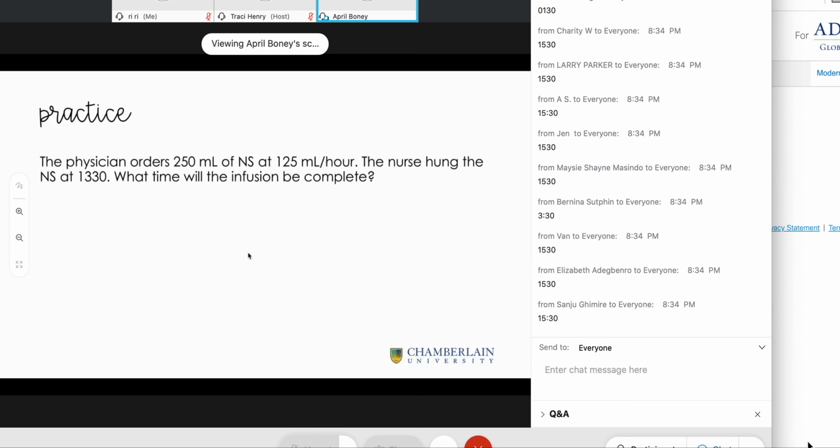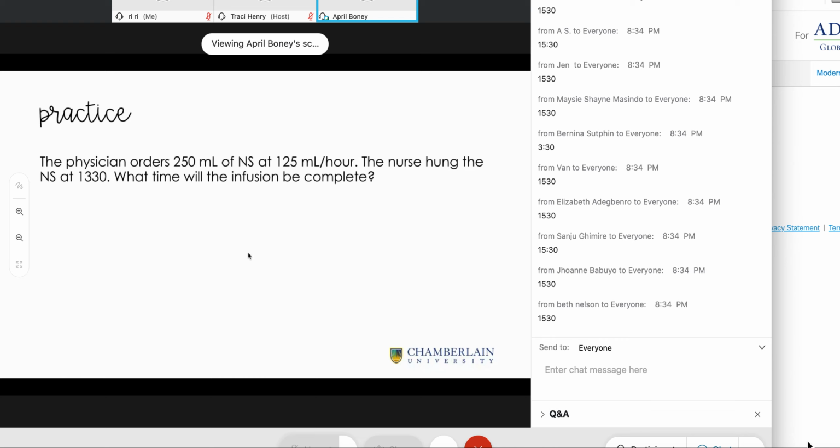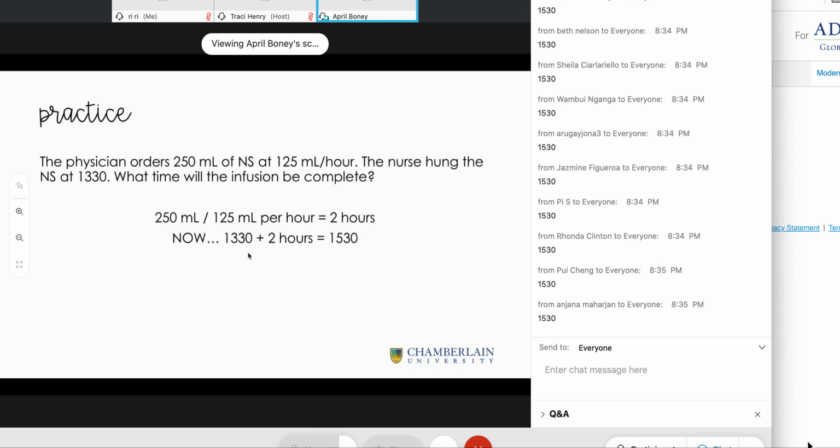So we have a total volume, 250, and we have 125 milliliters per hour. But the question says, what time will the infusion be complete? So the answer is not 2 hours. The answer is 1530 in military time, right? It is going to take 2 hours for it to infuse. You're right. You did that part correctly.